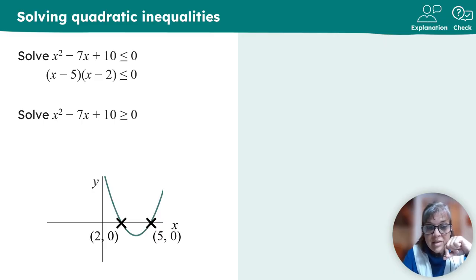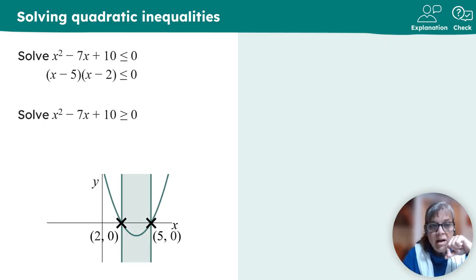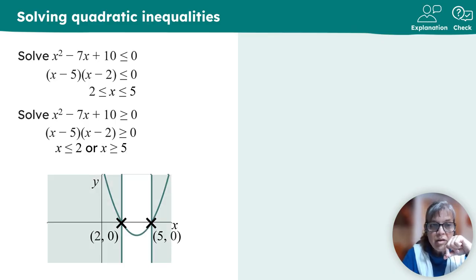Quick little sketch here can let you see them. It would be 2 and 5. Now, if I want to go less than that, then I know I want the region in between. And I know I'm going to be looking for the region where x is greater than or equal to 2 and it's less than or equal to 5. If I wanted greater, then it's the same critical values, but I'm looking for that split region.